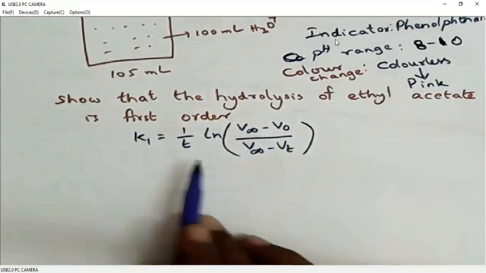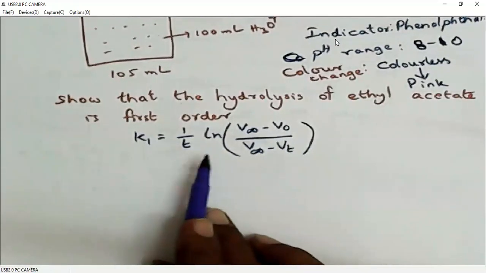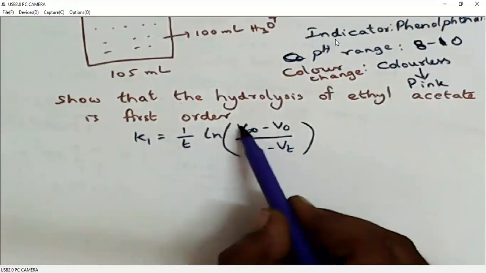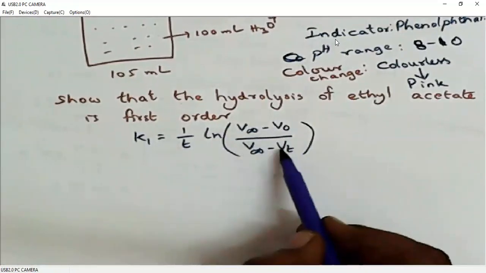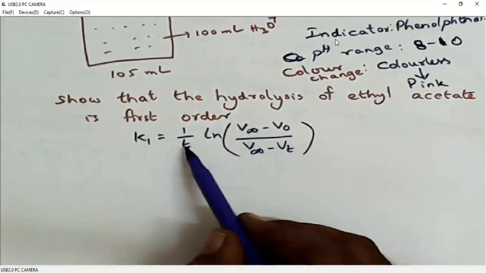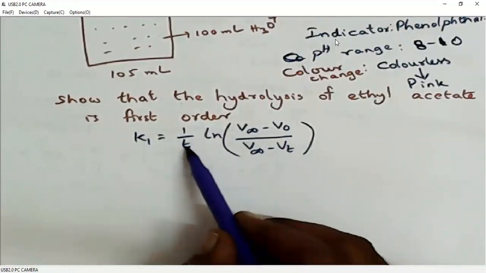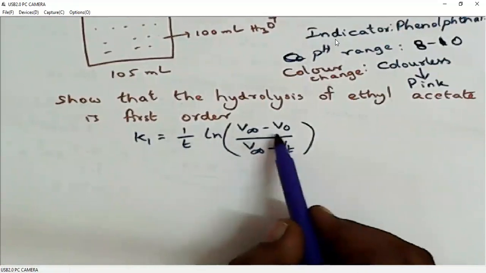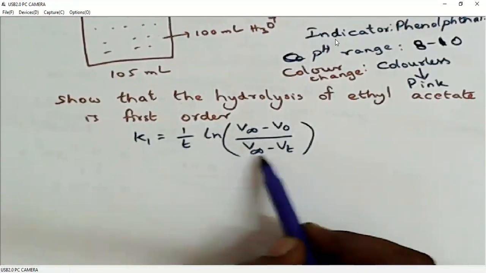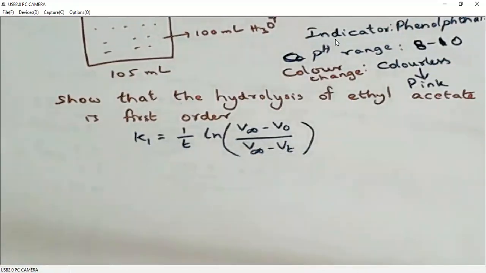So this is the modified integrated rate expression to be used when volumes and time are given. k1 = (1/t) ln[(V∞ − V0)/(V∞ − Vt)].